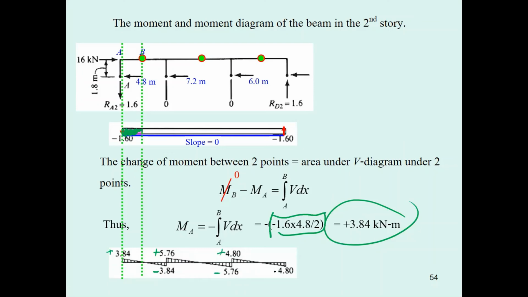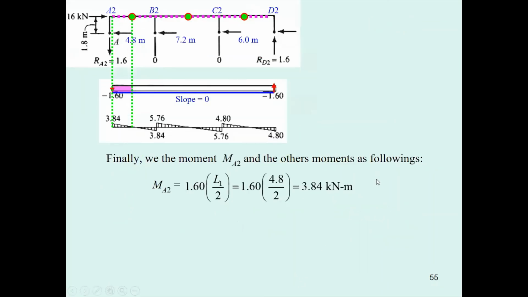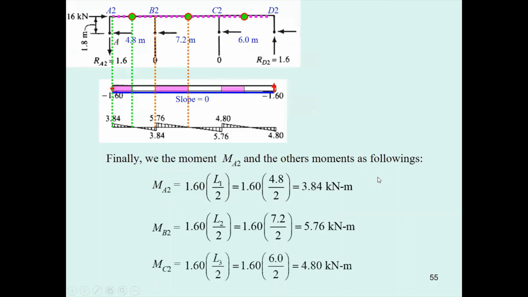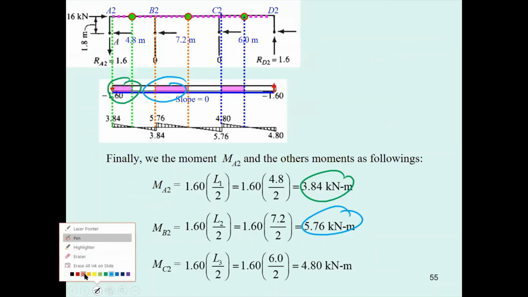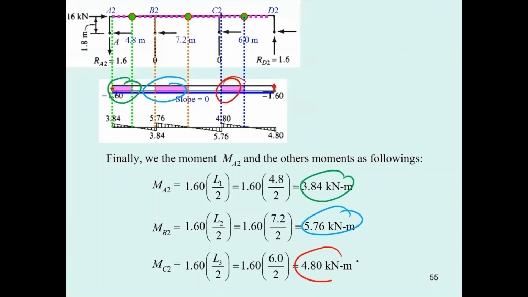This one is plus 4.8, this one is minus 4.8. So it's really easy, it just follows this: compute the area shown here for this one, the area shown here for this one, and the area shown over here for this one.